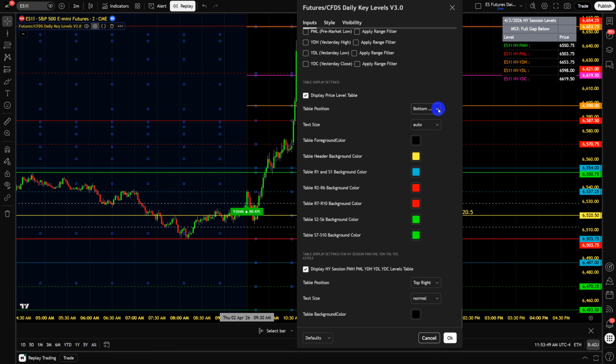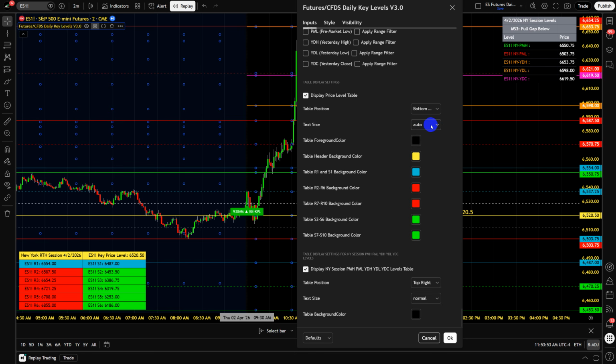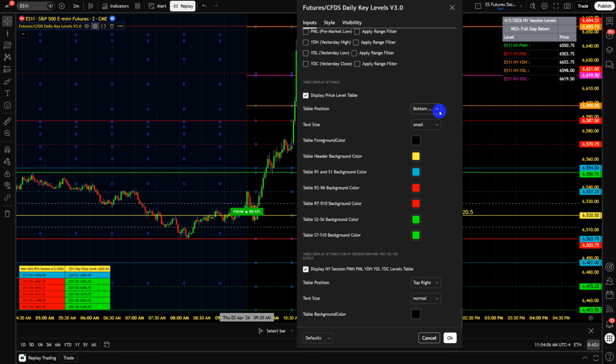Now you can change the position. You can also change the size. So when it's on auto, that's going to be normal size. You could change it to small, or you can make it larger, just as an example. You can also change the position of it.